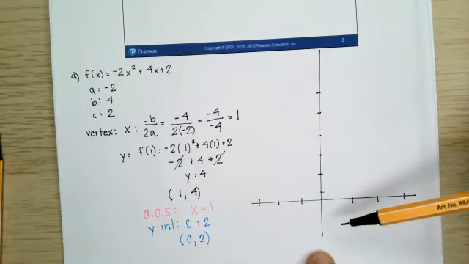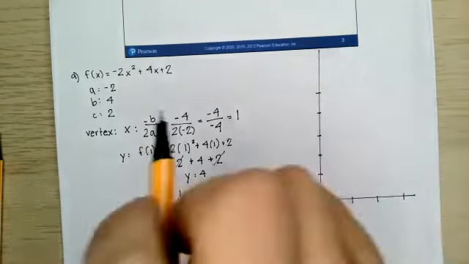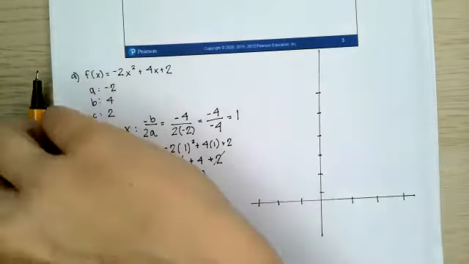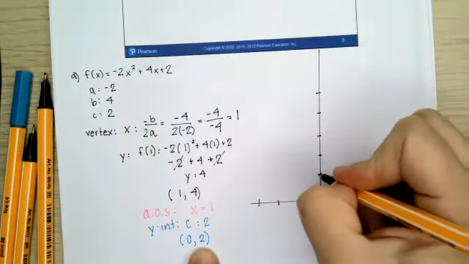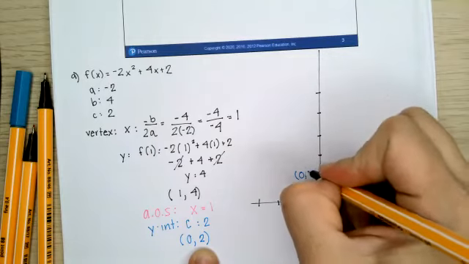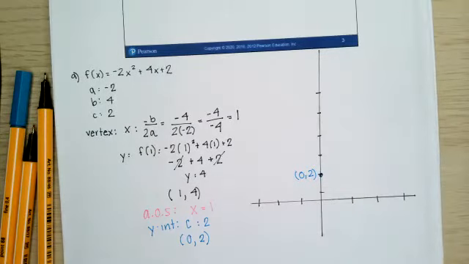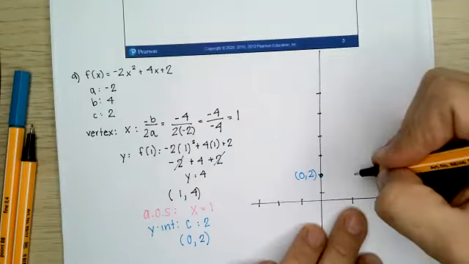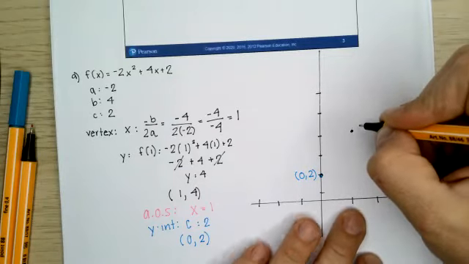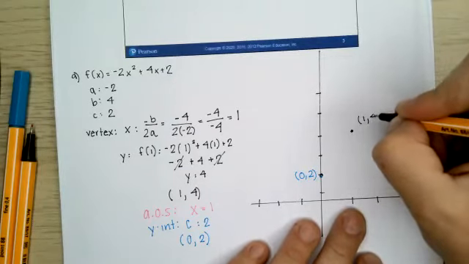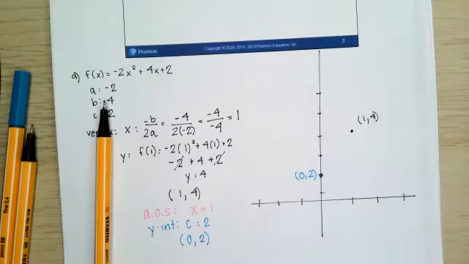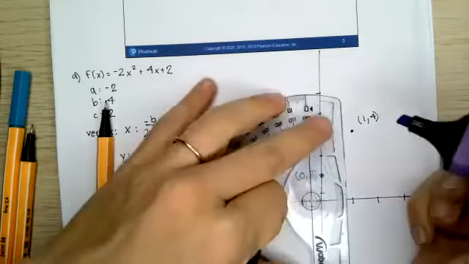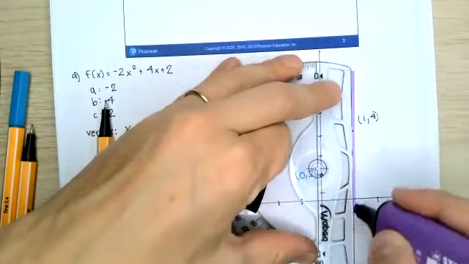Here is my y-intercept at 0, 2. My vertex is at 1, 4. So 1 on my x, 4 on my y. My axis of symmetry is also at x equals 1.